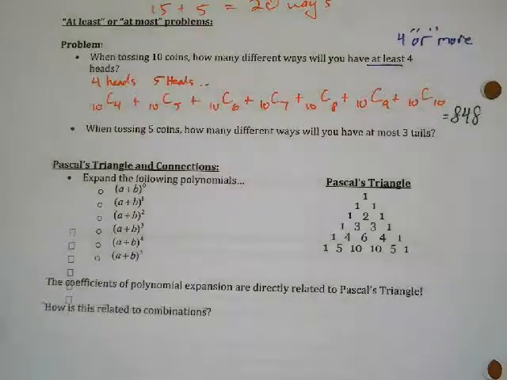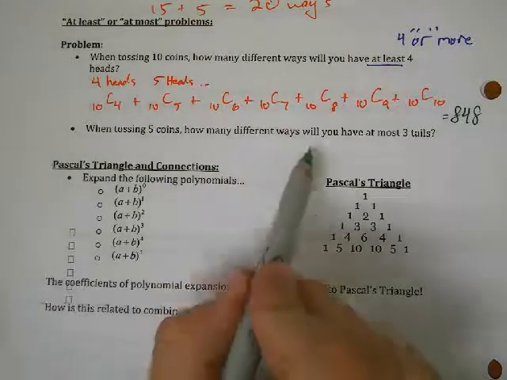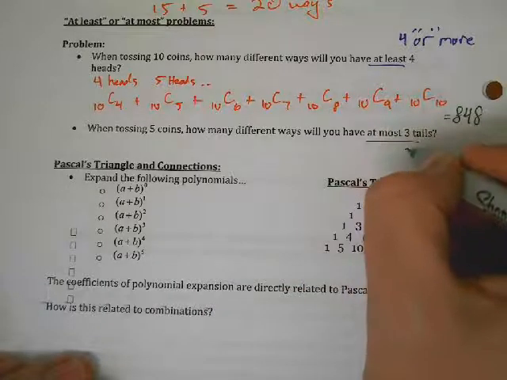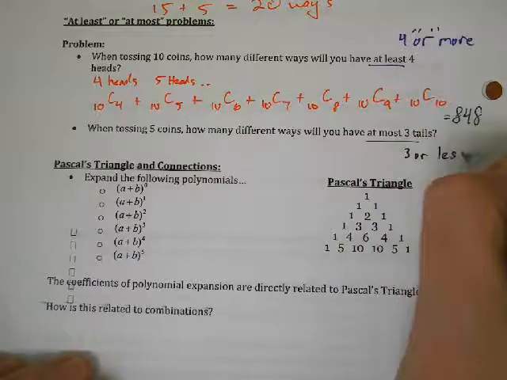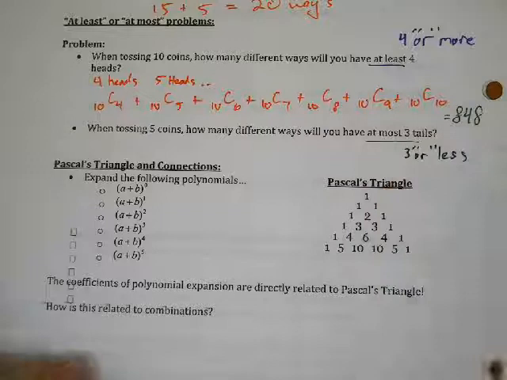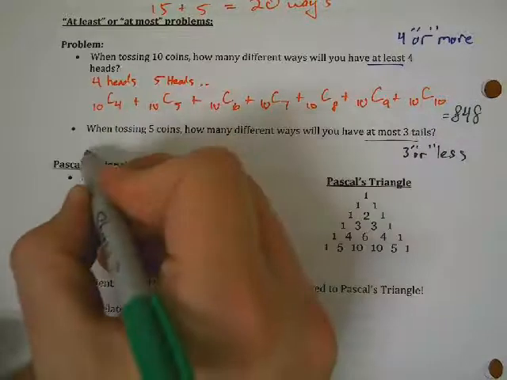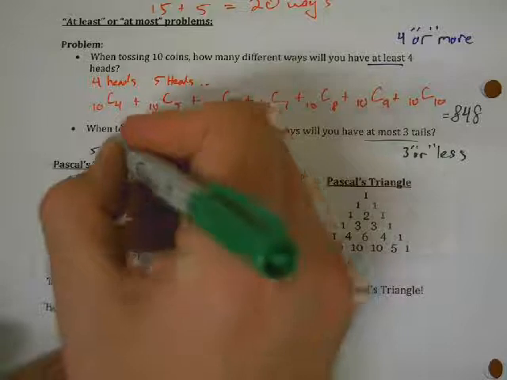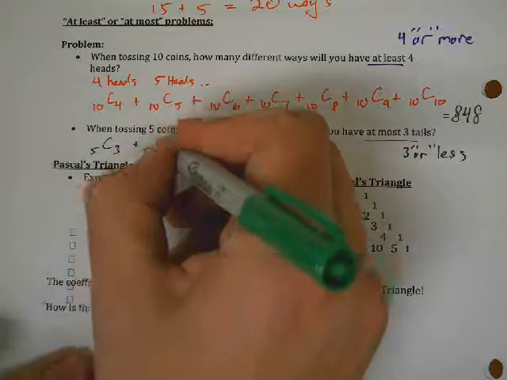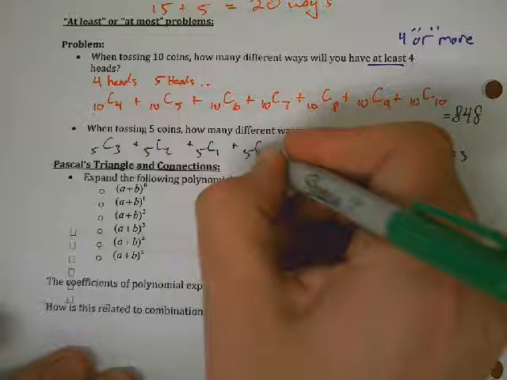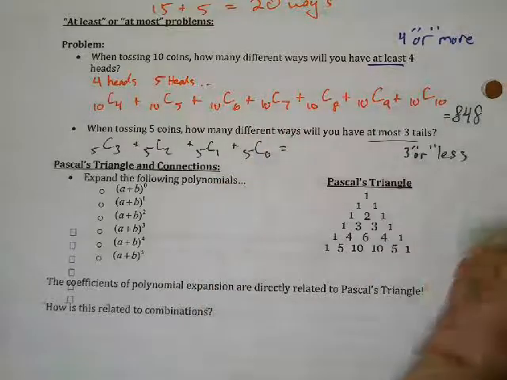Okay, so very similarly, if you're tossing 5 coins, how many different ways do we have at most 3 tails? At most means 3 or less. You see the word or again. That means 3 or 2 or 1 or 0, which we often forget about. So we want 5C3, 5C2, 5C1, and 5C0 because we want 3 or less.